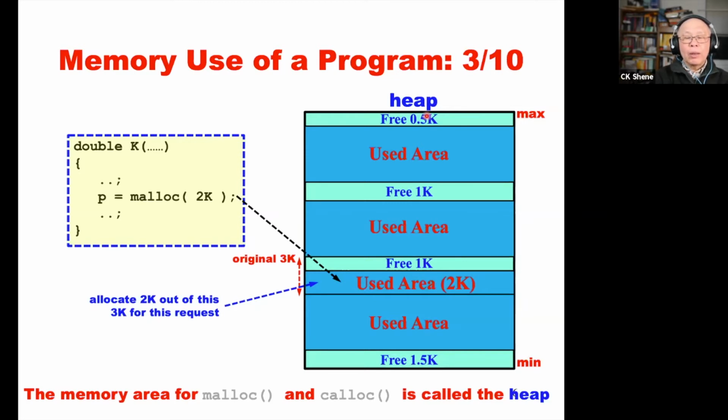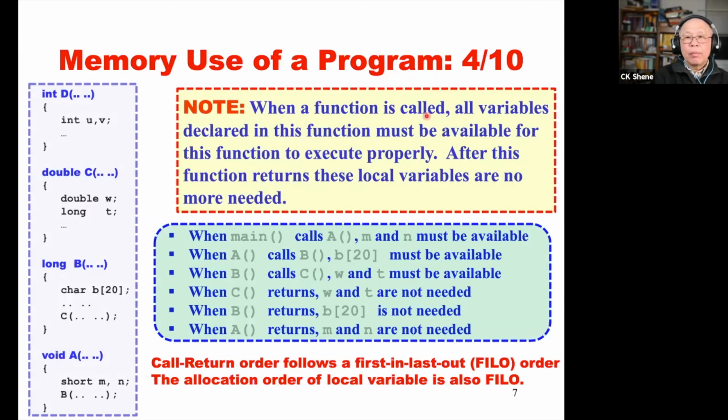The fourth one is probably more complex. It's called the stack. Let me provide you with an intuitive explanation. You probably have learned it in C or programming language class, but anyway, let me just do it to refresh what you have learned. Suppose I have four functions here.